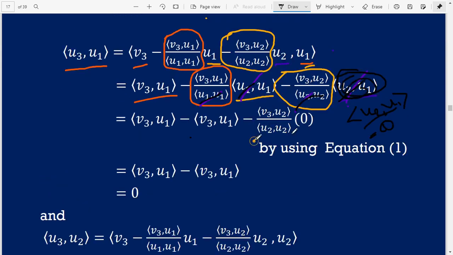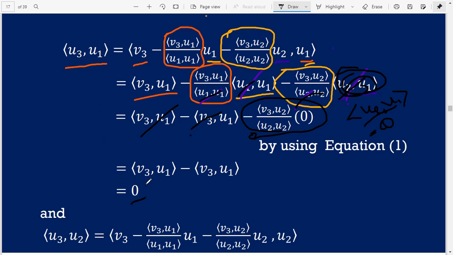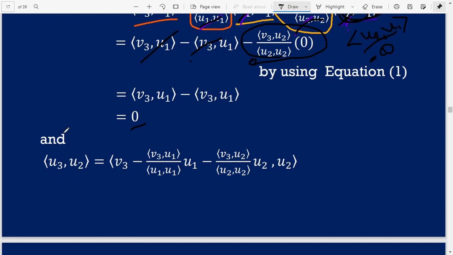So this term is 0, and inner product V3 with U1 minus inner product V3 with U1 cancels out. So inner product U3 with U1 is equal to 0.